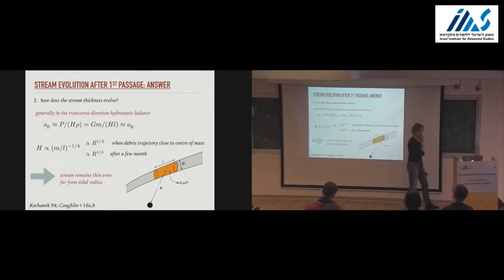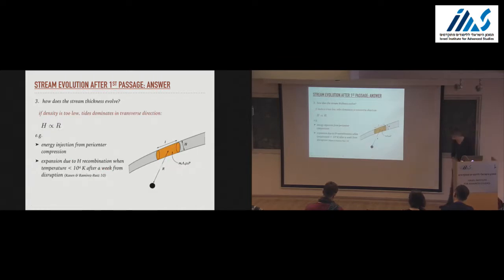But there are some cases in which the density in the stream may not be high enough for self-gravity to confine the stream. And then indeed H goes as R. For instance, in highly penetrating events, there is energy injection from pericenter compression.